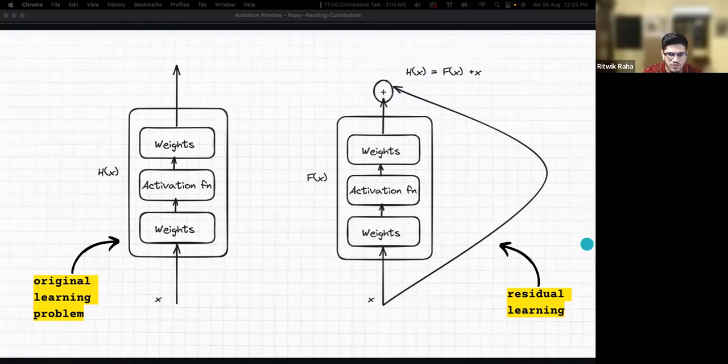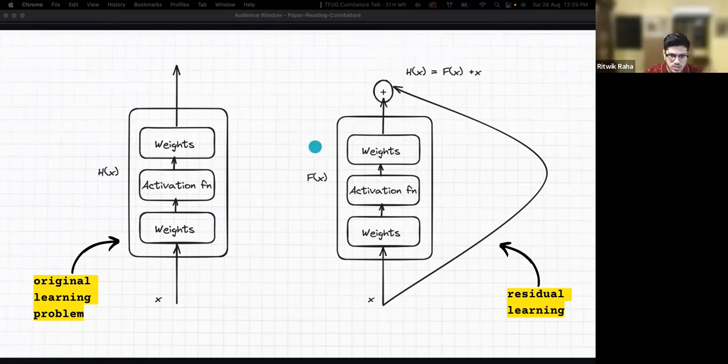This is equivalent to approximating h(x), but it can be easier because we are not really trying to approximate a function without having any knowledge about it. We are trying to approximate h(x) minus x.